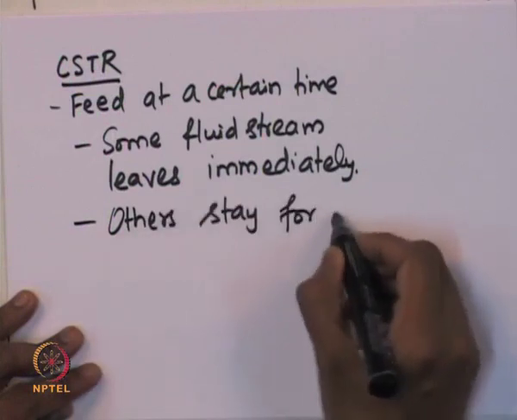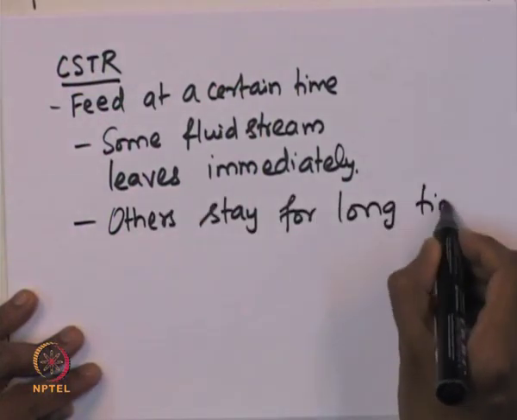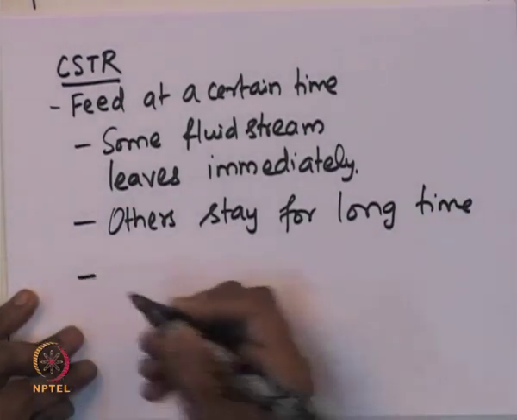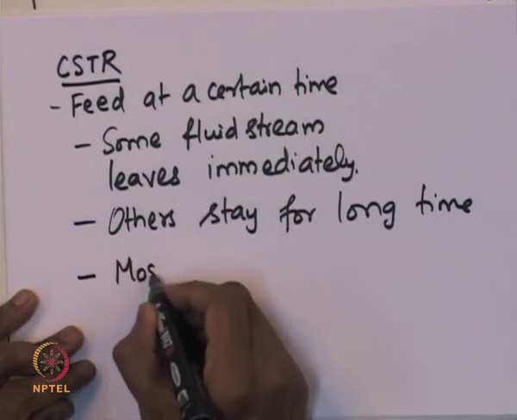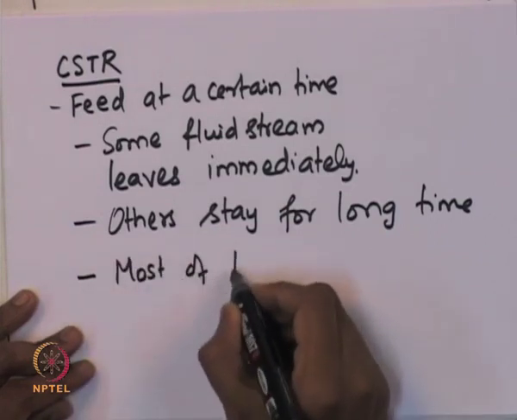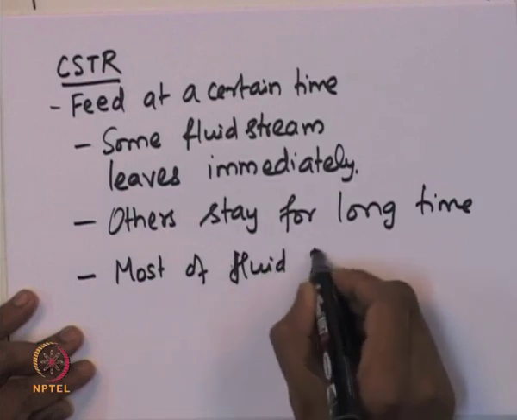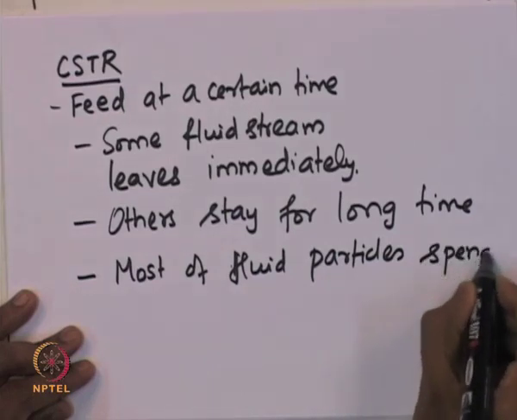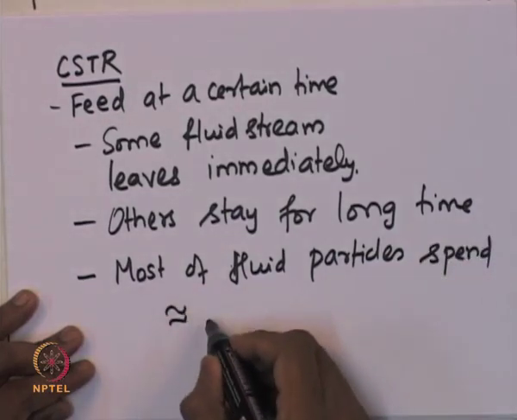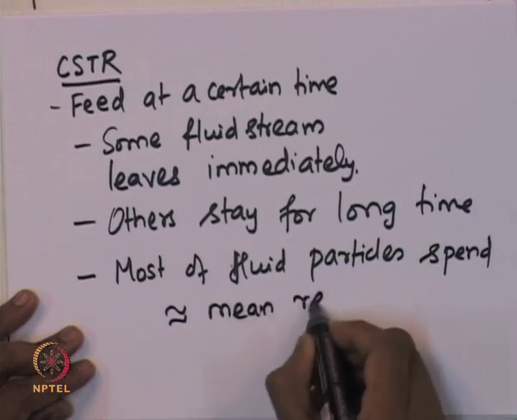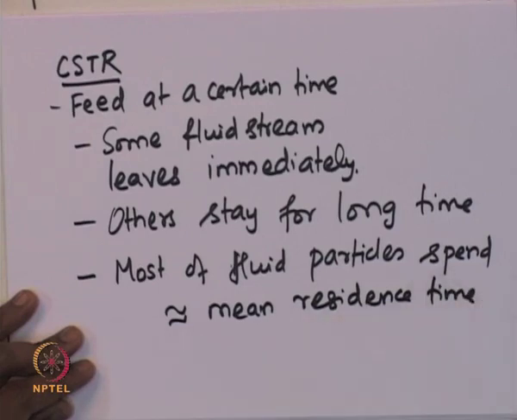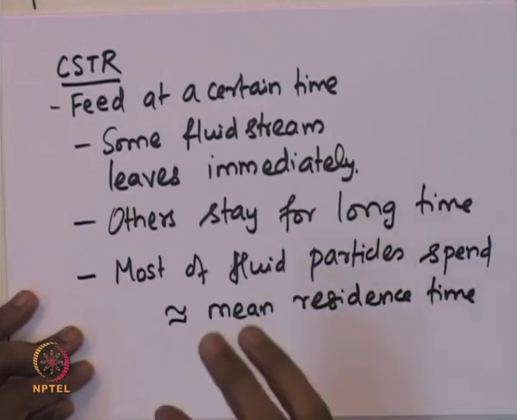So, other particles are going to stay for a much longer time, and in fact, it has been observed that most of the fluid particles spend approximately the mean residence time inside the reactor.